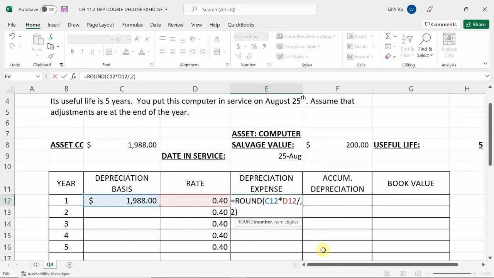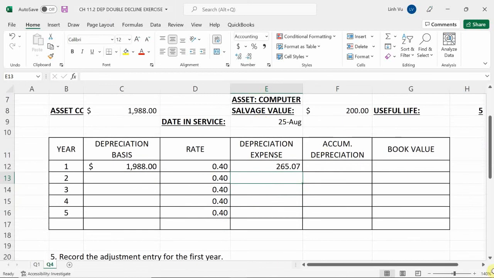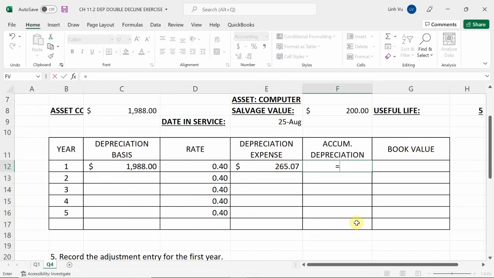265.07 or 06. Good, 07's correct. So we run it up. Okay? So then, what's my accumulated depreciation? 265.07. Okay?